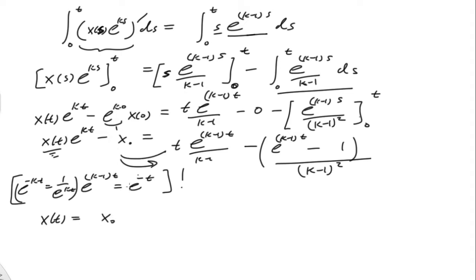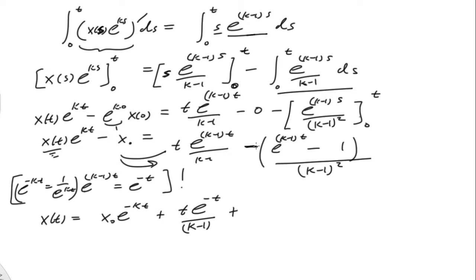That's an important observation. So when I solve for x of t, it's going to be equal to x naught, again, I moved x naught over, times e to the negative kt, and then we have a plus, and we're going to multiply e to the negative kt by this. We're going to get a t e to the negative t all over k minus 1. Looking good. And then finally, we have a plus.